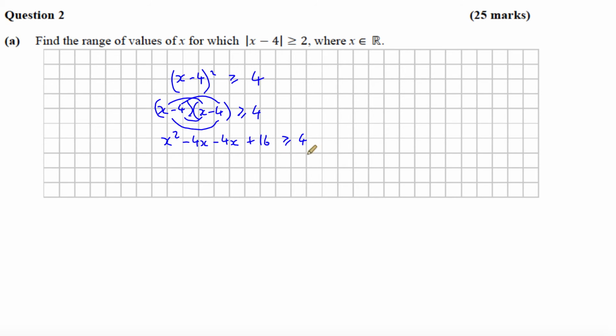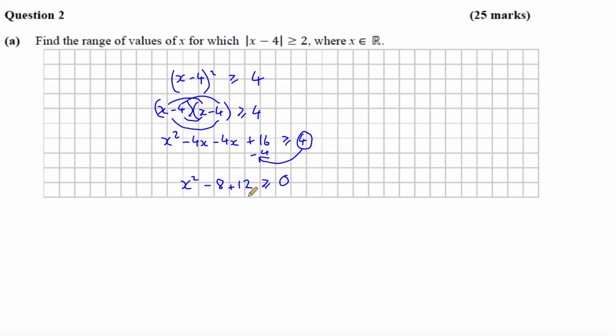So now we can tidy this up, bring the 4 over to this side, it becomes a negative 4. So we are left with x squared minus 8x plus 12, and we know that's greater than or equal to 0 on the right hand side.